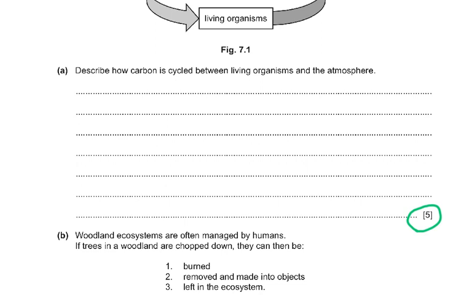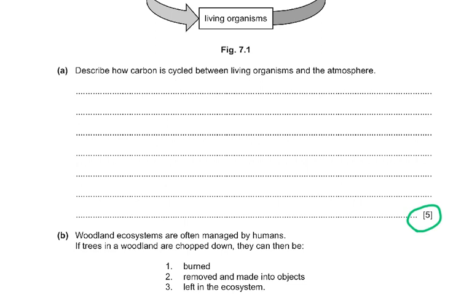So 5 marks, lots and lots of points for this: giving me the process of photosynthesis, giving me the process of respiration. So how carbon is cycled between living organisms and the atmosphere. So you cannot be talking about the decomposers.